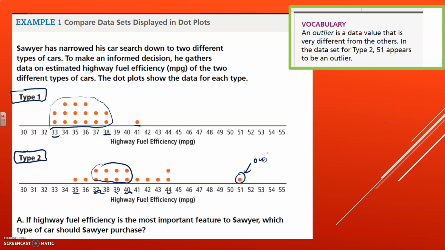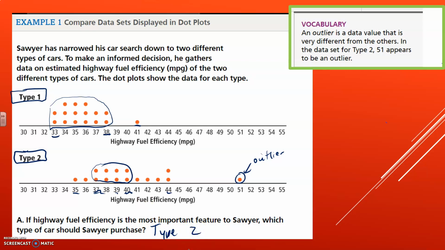The 51 is way off up to the right. So when I look at these two things, I would think that type 2 would be a better option. Just visually looking at the dot plot, that would be my best estimate, that I would want to go with type 2 because of those things.